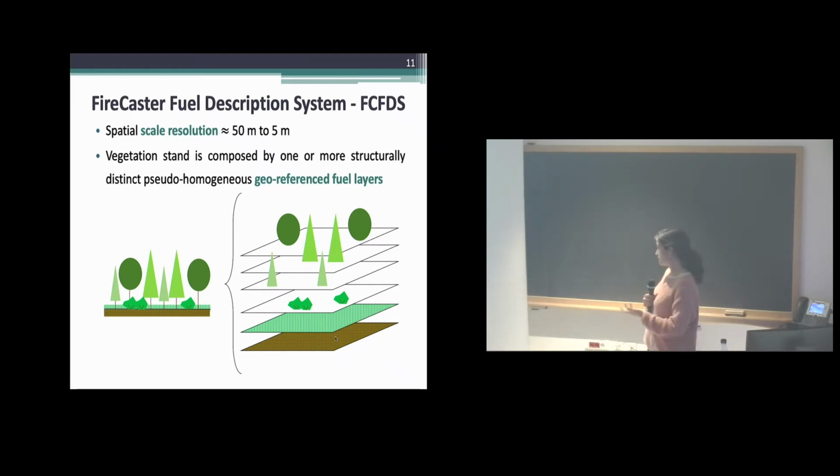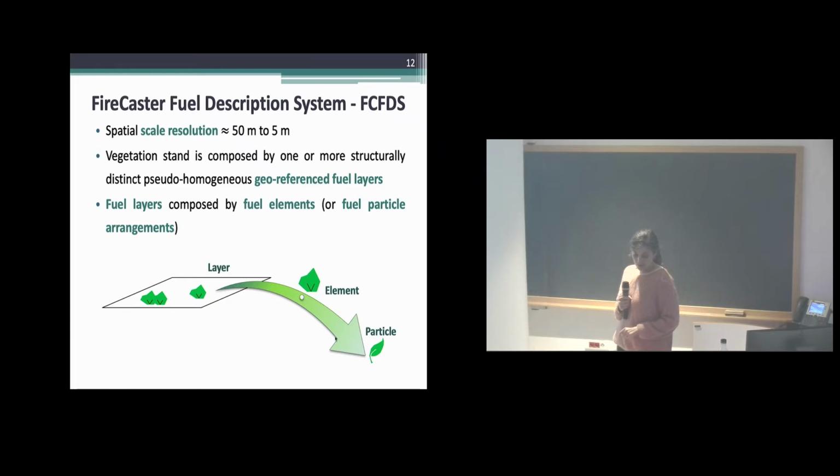Why this layering approach? This is common for describing vegetation because the different layers can be linked to different fire behaviors and fire descriptors. In turn, each field layer is composed of field elements, and field elements of field particles.